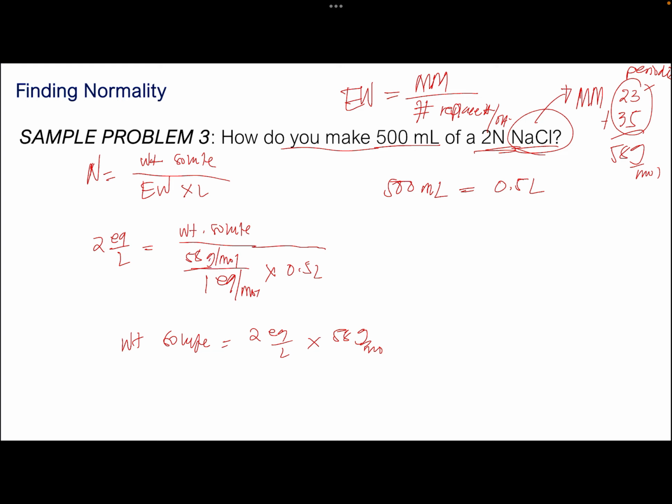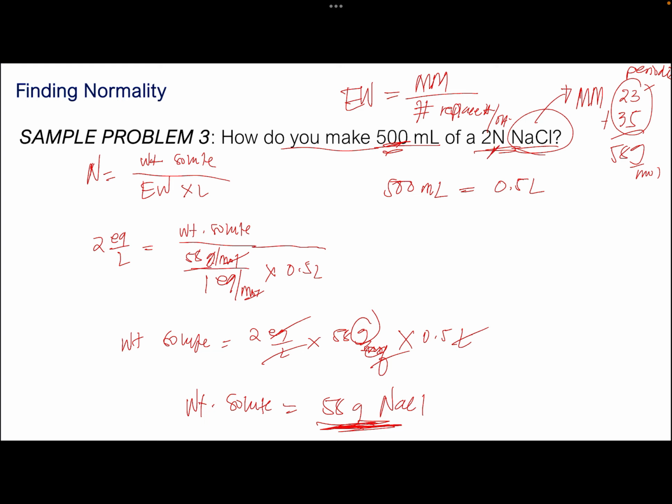This is gram per mole, this is gram per equivalents, times 0.5 liters. Okay. Cancel out liters, cancel out equivalents. What remains is gram. The weight of solute now is 58 gram of NaCl. So it means we need 58 gram to dissolve in 500 ml to make a 2 normal NaCl.